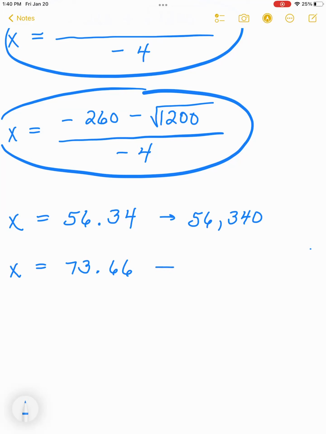And also, if they sell approximately, now again, these numbers represent thousands, so this is equivalent to 73,660 tickets, then they also have a profit of about $800,000. So that's interesting.